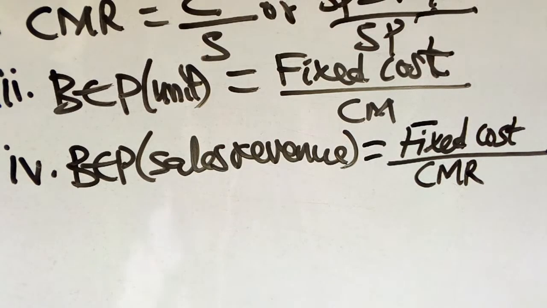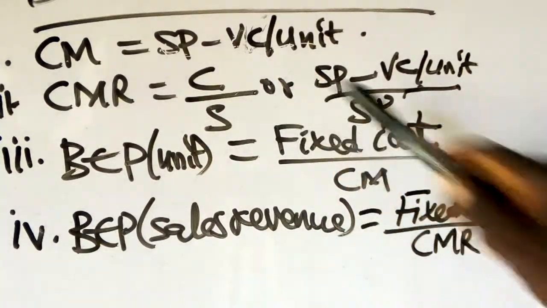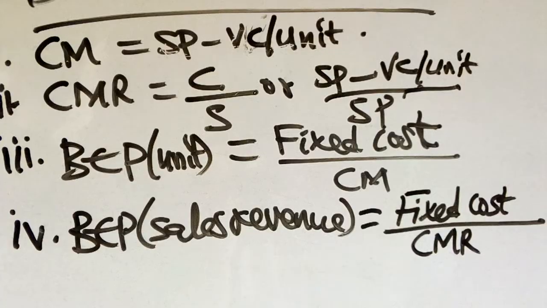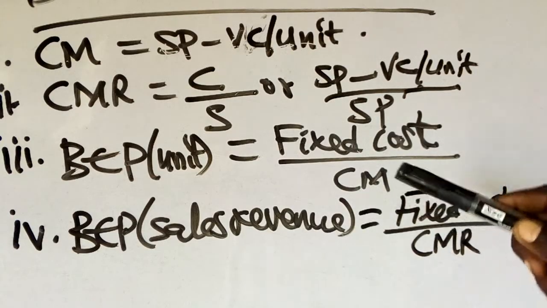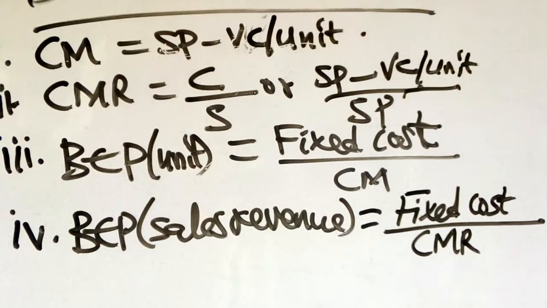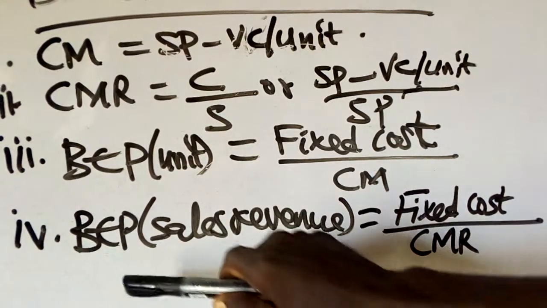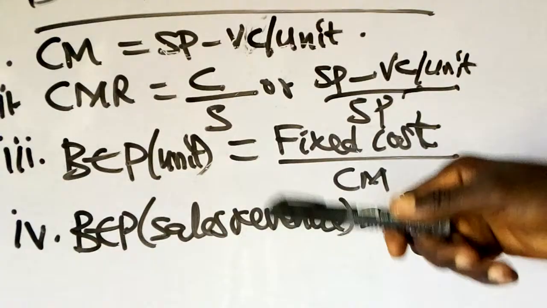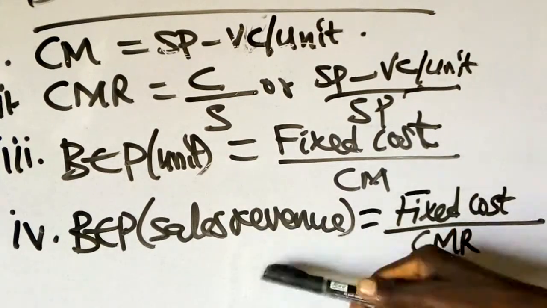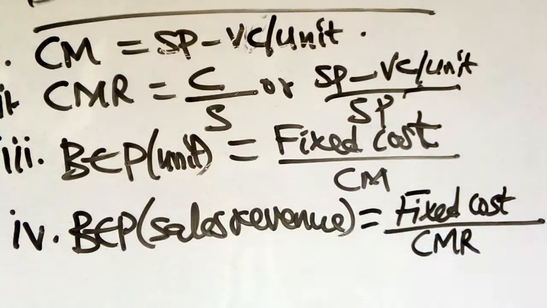I've explained how to calculate contribution margin ratio above. Anytime you want to calculate anything in unit, the denominator will be CM. And to calculate the amount in value, in whatever currency you are given, the denominator becomes CMR.